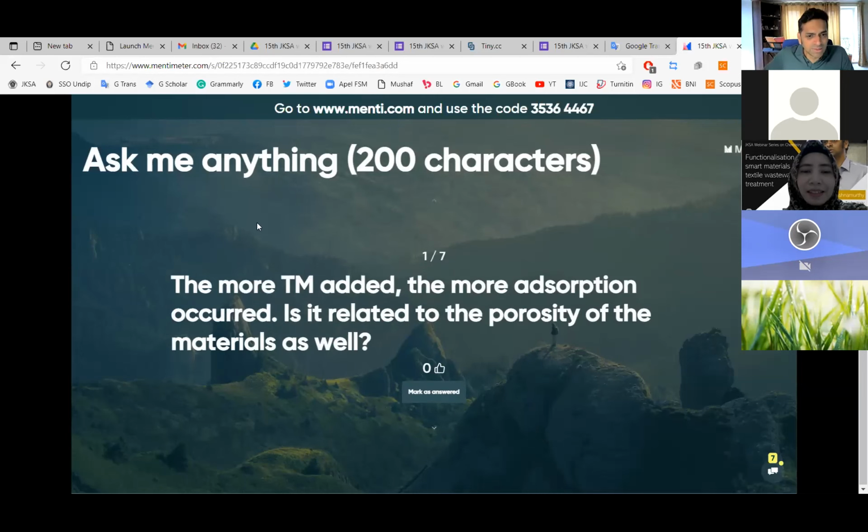The more transition metals added, the more absorption occurred. Is it related to the porosity of the material? Absolutely, it is not only related to porosity. You mean transition metals, is that right? It is not just more metal, it is the percentage and also the layers. We are talking about the exfoliation layers. Up to 8 layers, we can control the porosity.